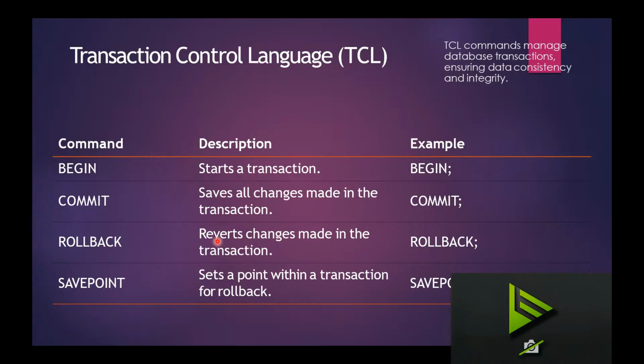ROLLBACK reverts changes made in the transaction. If you want to get back something you have deleted, use ROLLBACK. SAVEPOINT sets save points within a transaction for rollback, for example SAVEPOINT sp1, closed with a semicolon. These are the sequence structures. You only have to remember BEGIN, COMMIT, ROLLBACK, and SAVEPOINT, and all commands are written in capital letters.